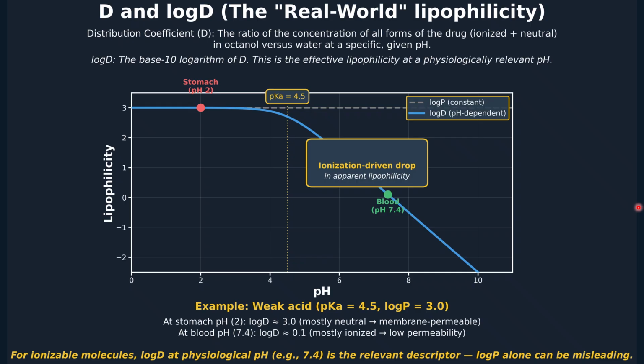Log D, the distribution coefficient, extends this concept to real biological conditions. It measures octanol water partitioning at a specific pH, which accounts for both the neutral and ionized species present at equilibrium. So that is the blue curve you see.